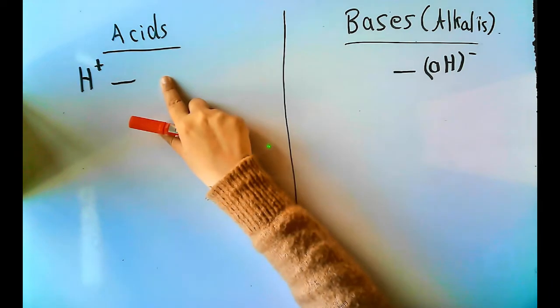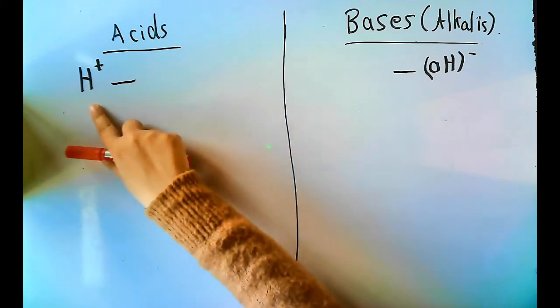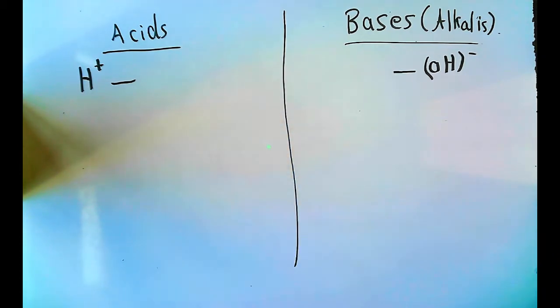At first, acids. As I said, the chemical formula of all acids begins with positive hydrogen ion. This positive hydrogen ion is joined with what?